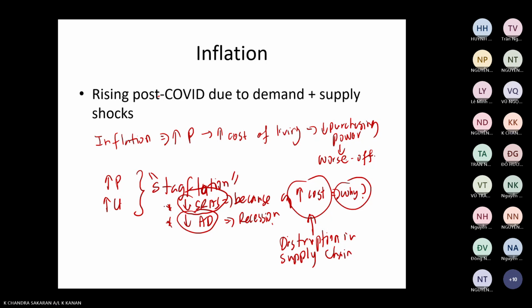Okay, clear? Understand the term stagflation? The coexistence of inflation and unemployment at the same time happening in a country. That is called stagflation. If you want to use the diagram, you can show it like this.